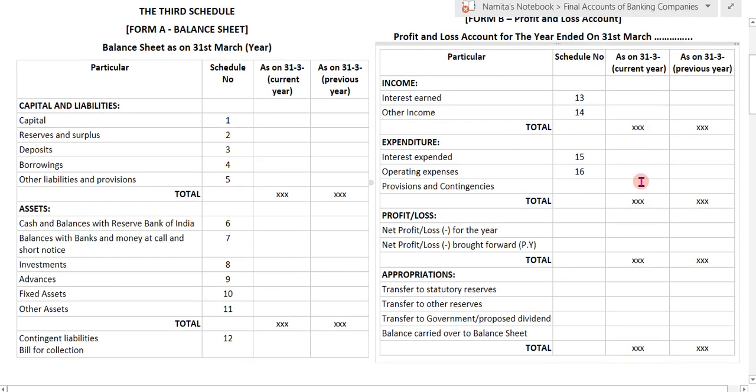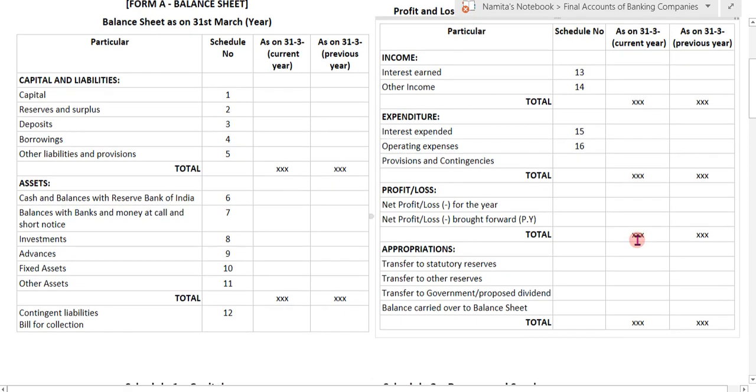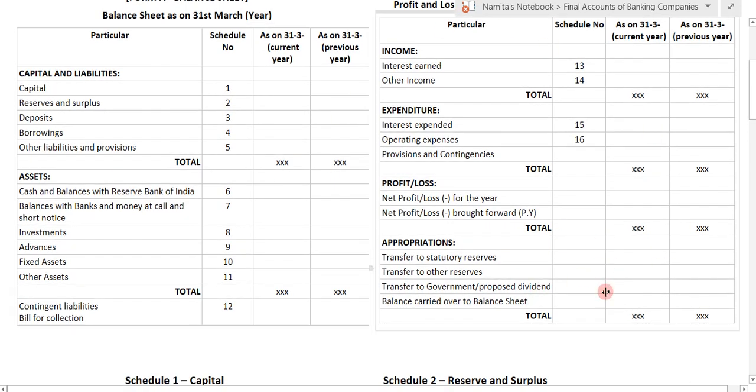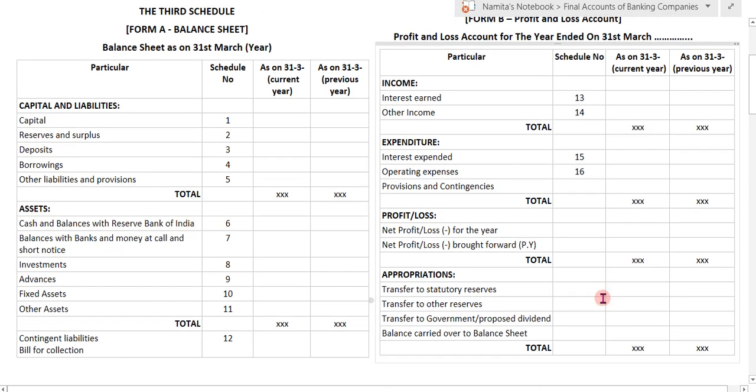After comparing income and expenditure, if income is more than expenditure, it will be a profit, and the profit is to be written here. If expenditure is more than income, it means a loss, and it is to be written here. Then you do the total, and the final balance of the profit and loss account will be written here.